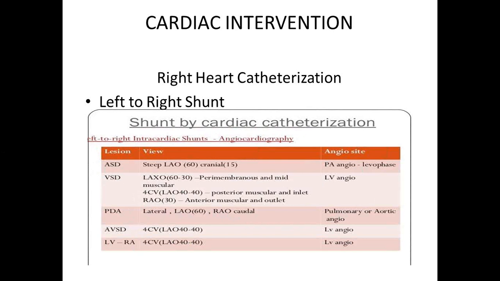We do not do a lot of angiograms to evaluate these shunts or these defects, because echocardiogram is a very good technique to analyze some of these shunts, and we can also use CT scan or MRA to look at these shunts. So we don't do a lot of catheterization angiograms to look at these shunts.